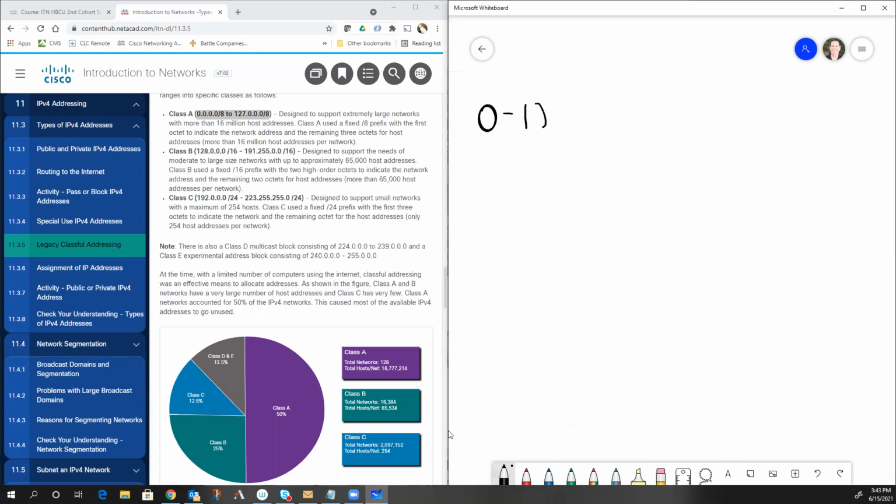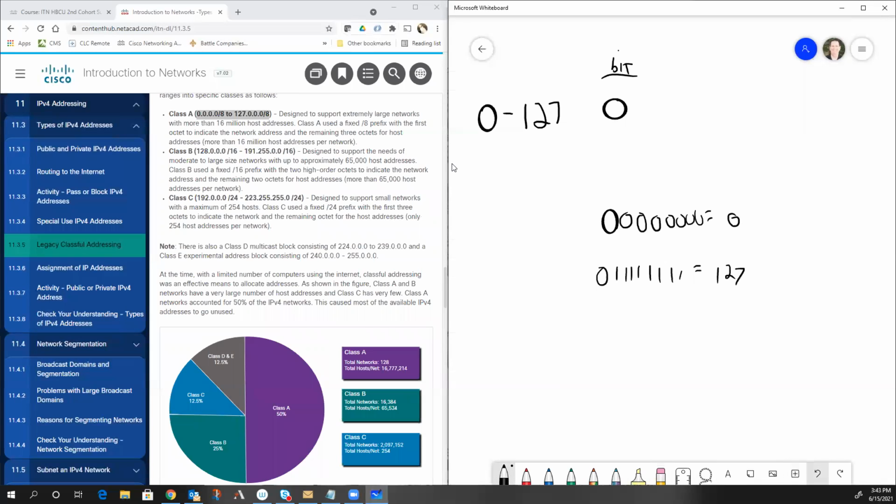The reason is that in the first octet of all class A's, the first bit position has to be a 0. So if you think about 1, 2, 3, 4, 5, 6, 7, 8, that is 0, obviously, to 0, 1, 2, 3, 4, 5, 6, 7, 8. That's 127. That's how they got the class A range.